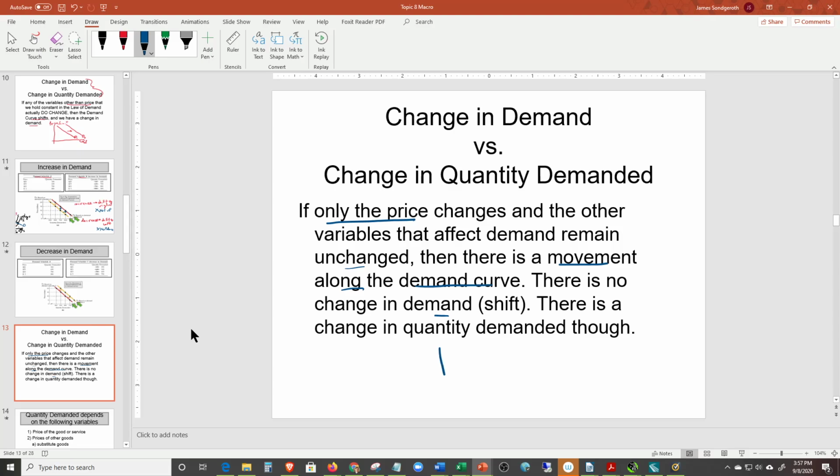So basically, if we draw a demand curve here, quantity demanded on one axis, price per unit on the other, and we have a demand curve, let's call it D1, and the price goes from P1 to P sub 2.